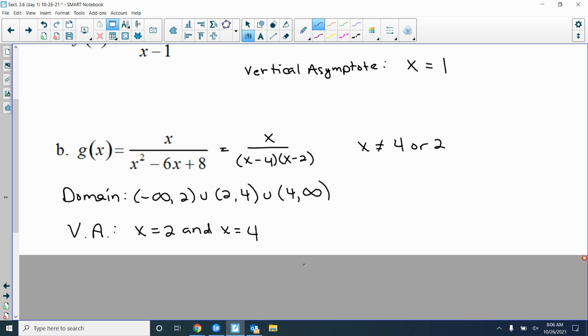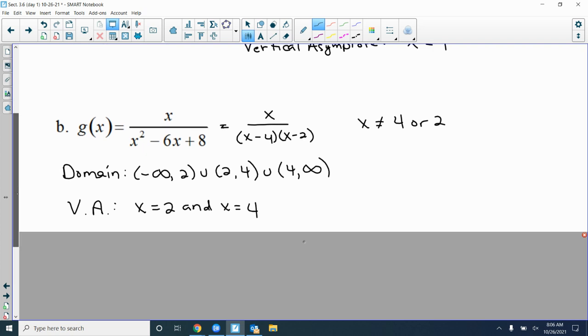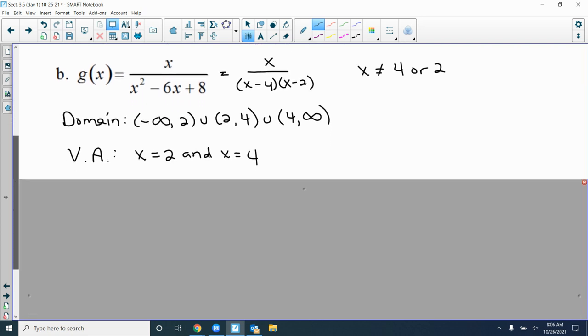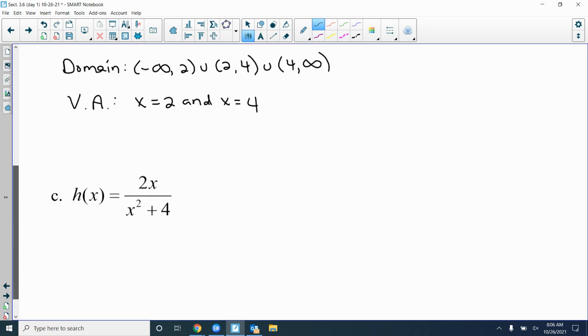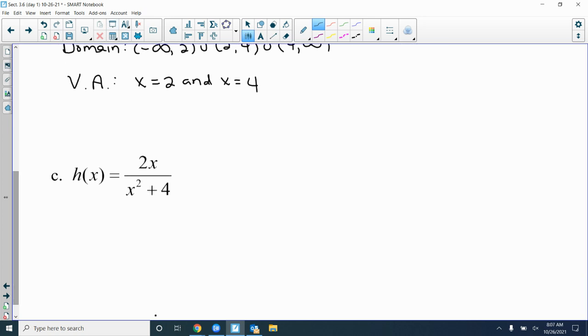We're going to have more than one vertical asymptote, which is fine. All right, once you think about it, copy that down.